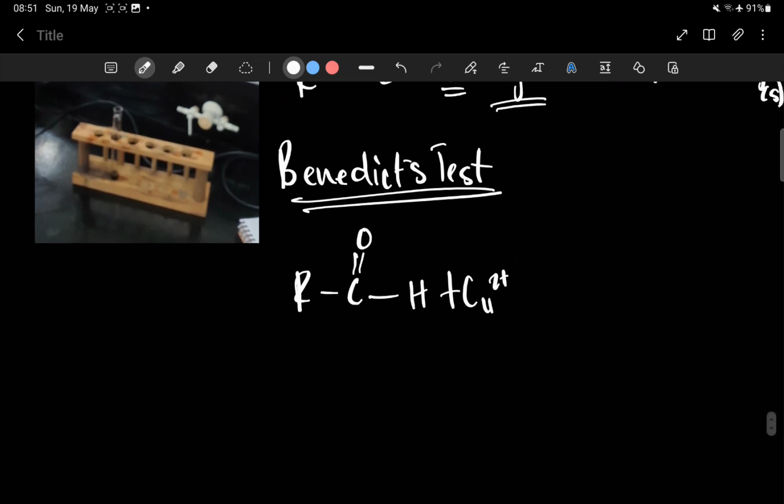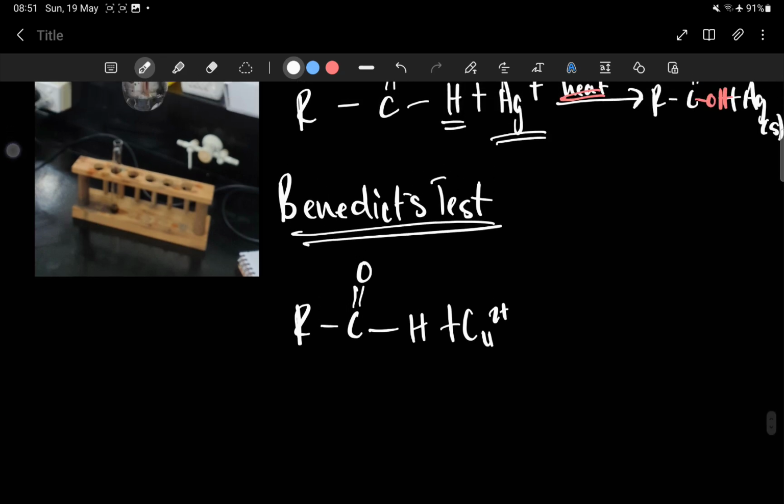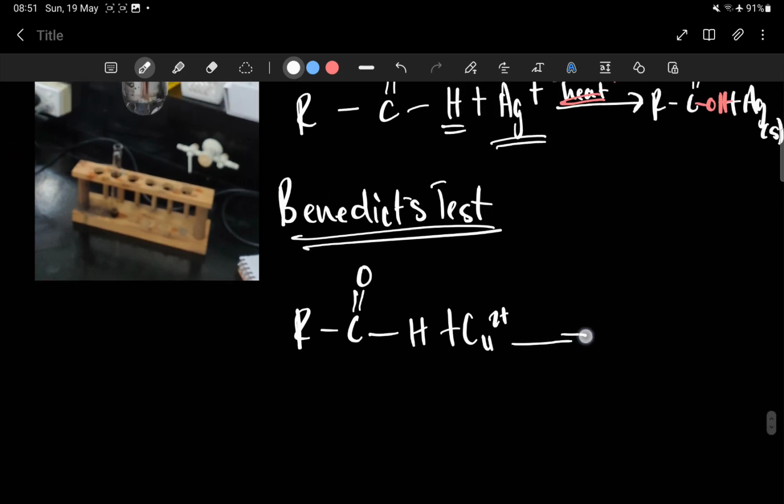Copper 2 plus. And this copper 2 plus is actually in blue crystalline form, so we call it copper sulfate pentahydrate. It's like you have copper and water together. I'm not going to show you, but we just want the ion, the Cu2 plus, which is going to be reduced to Cu plus. So basically here, we don't have to put anything on top of our arrow. So wow, Benedict is nicer.